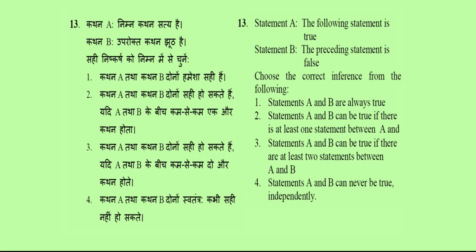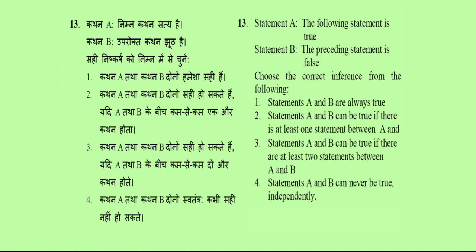Problem number 13. Statement A: The following statement is true. Statement B: The preceding statement is false. Choose the correct inference from the following. Option 1. Statements A and B are always true. Option 2.